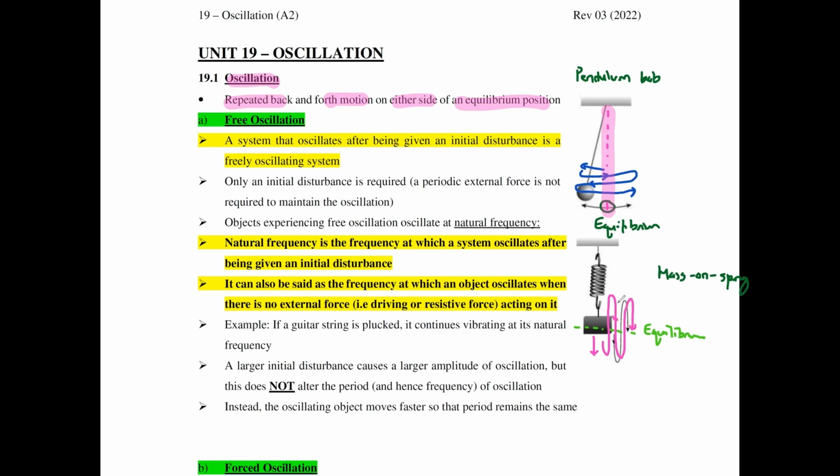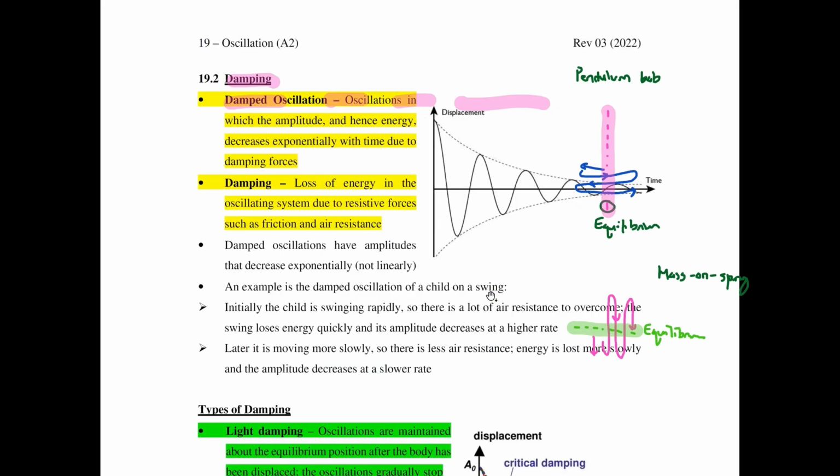So here it is also going through repeated back and forth motion about an equilibrium position that is situated here. Okay, so this is what oscillation is in its simplest definition: repeated back and forth motion on either side of an equilibrium position.